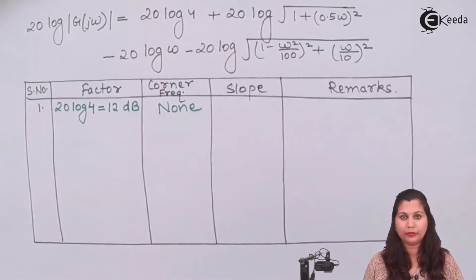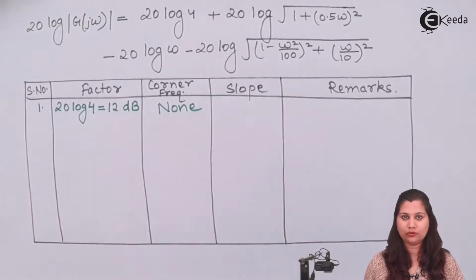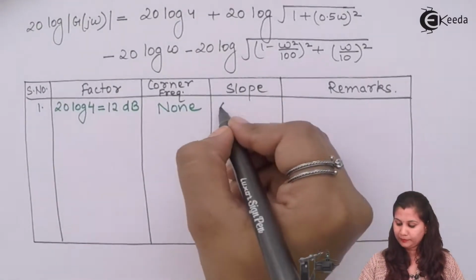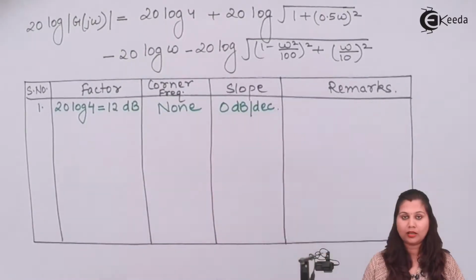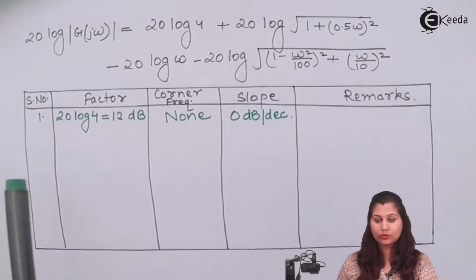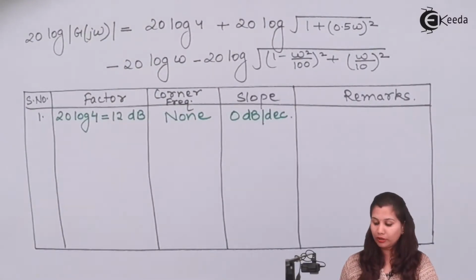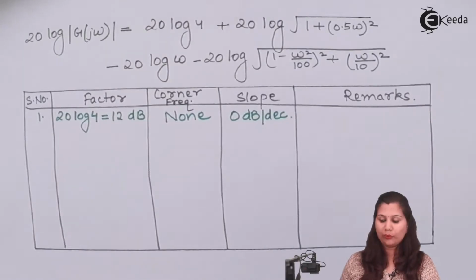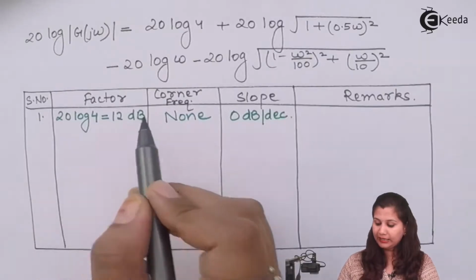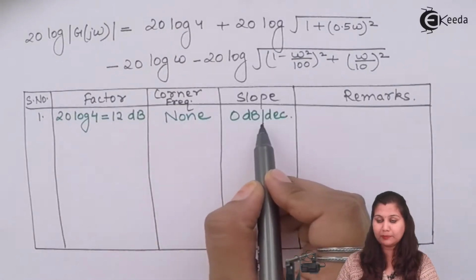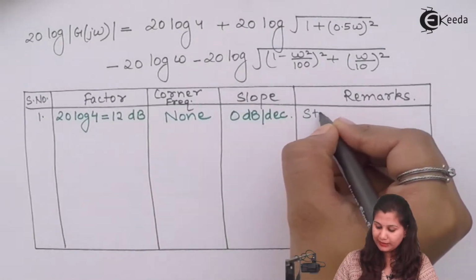No corner frequency is there. Then the slope for a constant term is always 0 dBs per decade. Then remarks: how is this constant term going to be represented on the Bode plot? It will be a straight line which will start from the point 12 dBs and it will have the slope 0 dBs per decade. So here we will write it is a straight line.